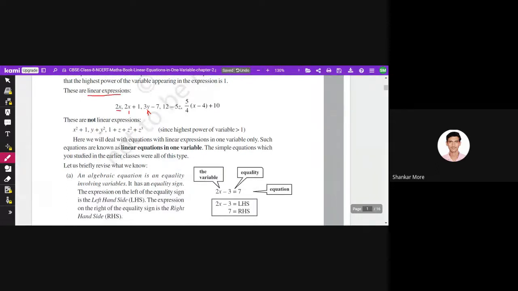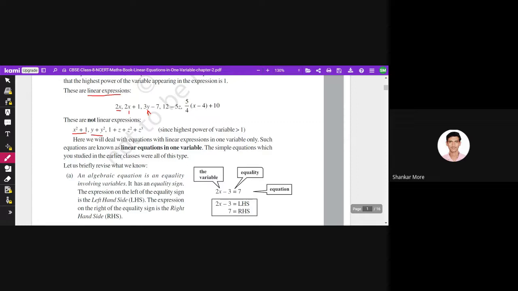So that's why we can call it a linear expression. Now, if you see these examples, these are not linear expressions. Can anybody tell why these are not linear expressions? x square plus 1, or y plus y square, or 1 plus z square plus z cube. The answer is written over there itself, right?